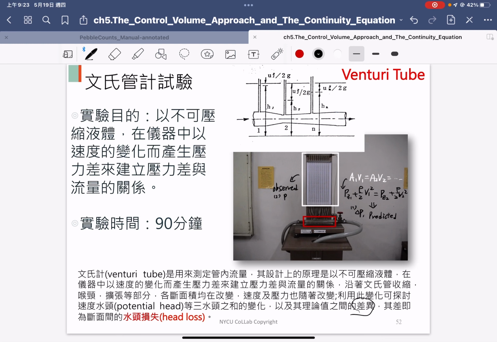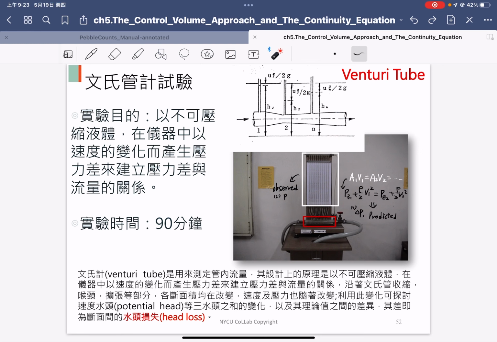Actually they will have some difference between the theoretical and the observed, because in the previous chapter we discussed the Bernoulli equation without considering the viscous effect, but sometimes our practical situation will include the viscous effect. The viscous effect will cause some energy dissipation.